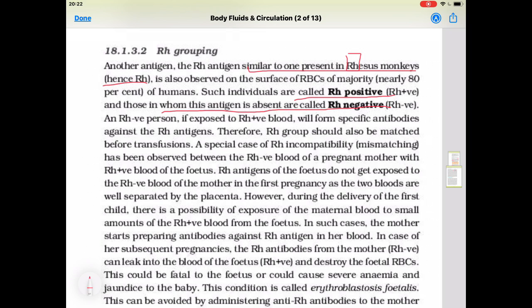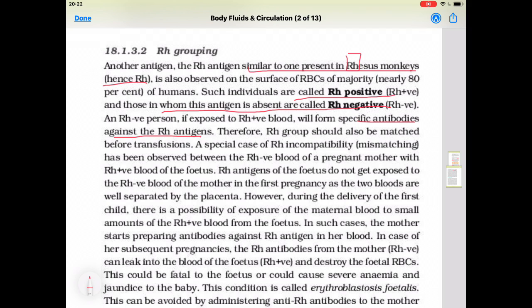An RH negative person, if exposed to RH positive blood, will form specific antibodies against the RH antigen. Consider a person is RH negative. If Rh positive transfusion is given to that person, then in the first instance, nothing will happen.